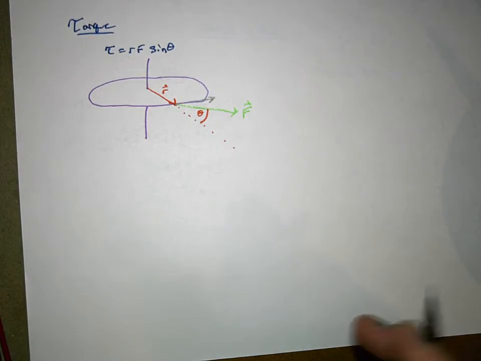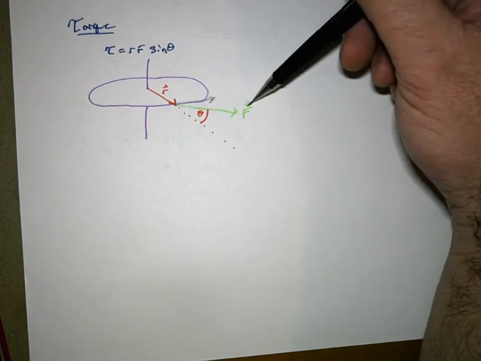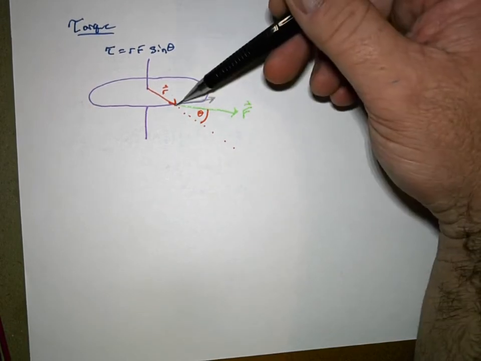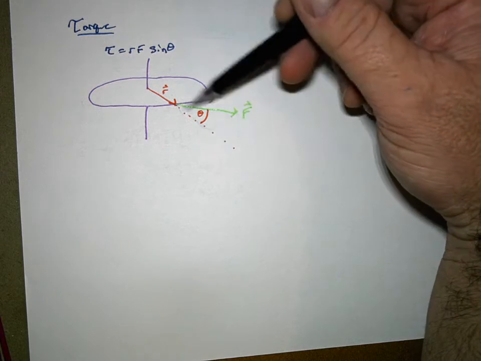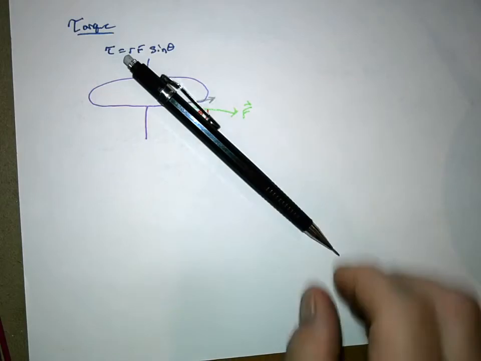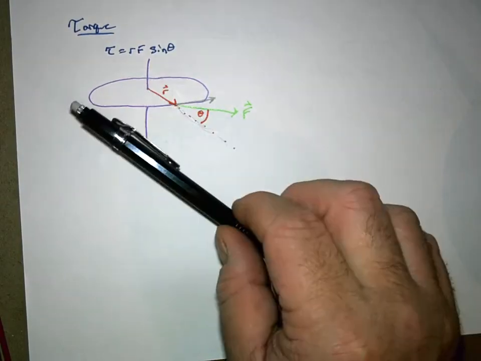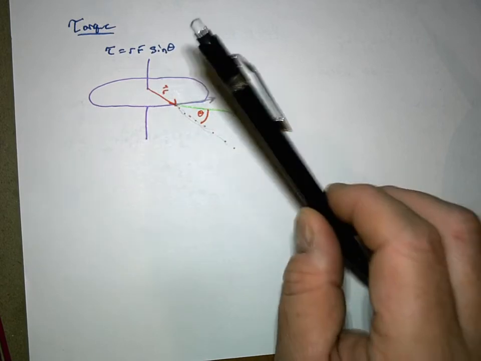Think about it like this: what happens if our force is parallel to our radius? What happens if we actually pull, if the force is in the direction of the radius? So here's our radius, and we actually do this to it. Is this going to cause any spin on the disk? I take it back. No, that's right.